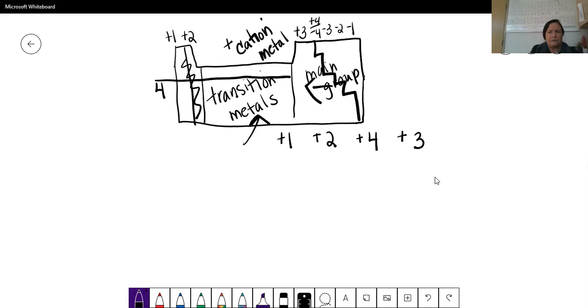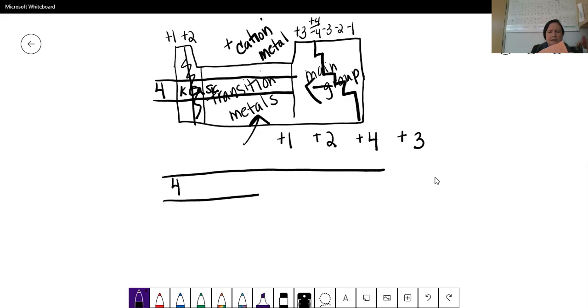So look at the ones in the 4th energy level here. So we have potassium and calcium right here. And then we have some transition metals here.